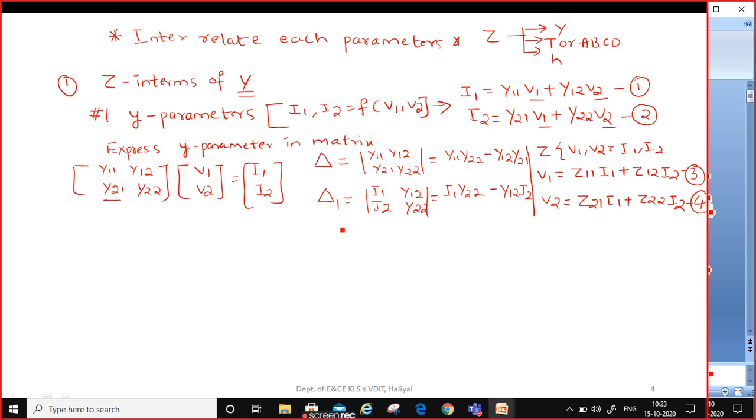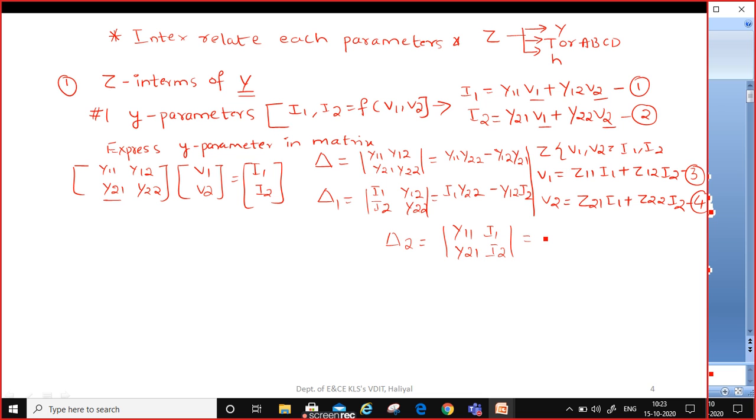Similarly, if you take delta 2, that turns out to be y11 and y21, I1 and I2.